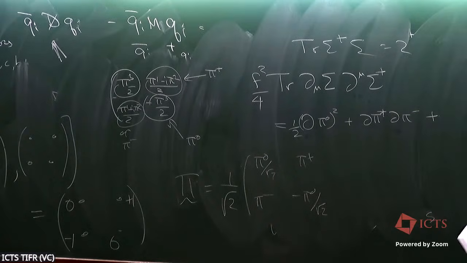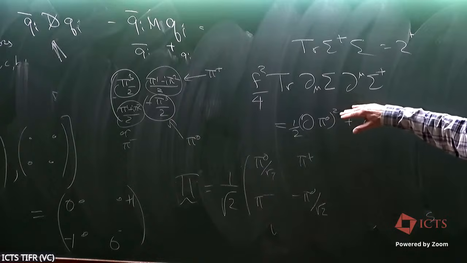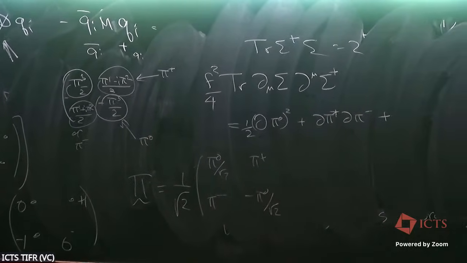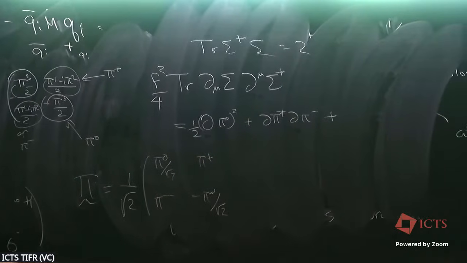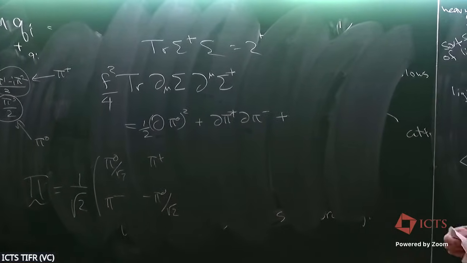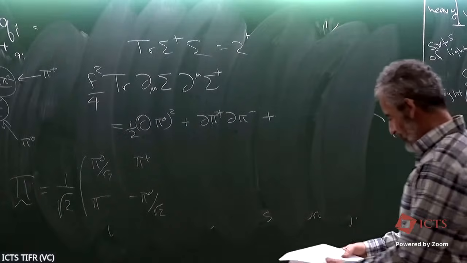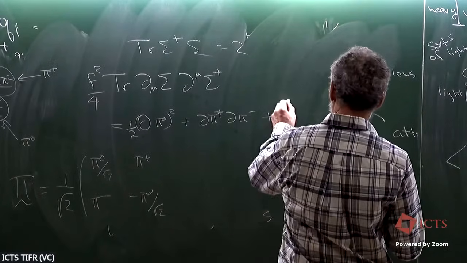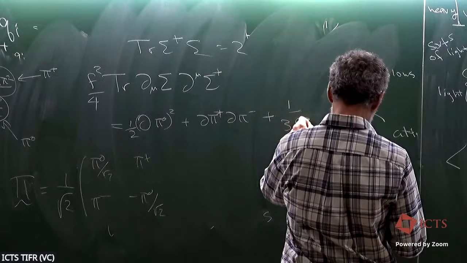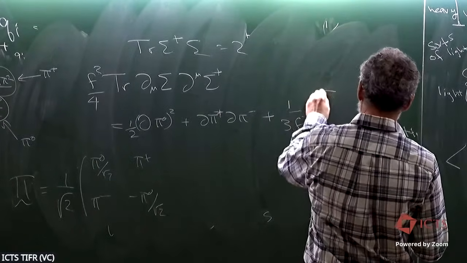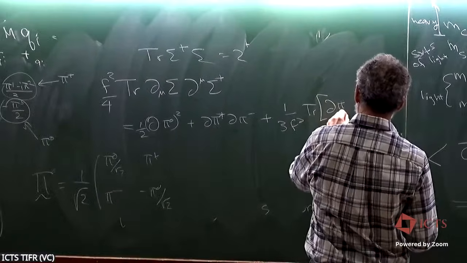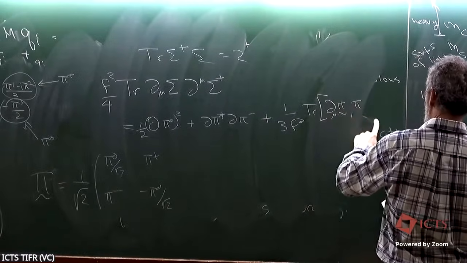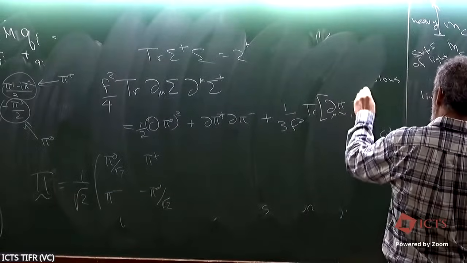And then you get a whole bunch of interactions for free that are required by this non-linearly realized symmetry. So if you expand, you get the next term, which is going to look like 1 over 3 f squared trace of the commutator of the derivative of the pi matrix with respect to x mu commuted with the pi matrix, squared.